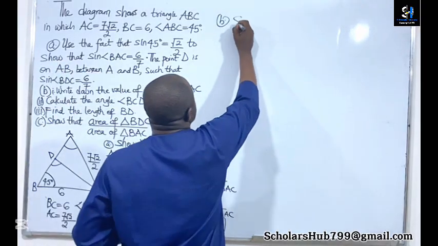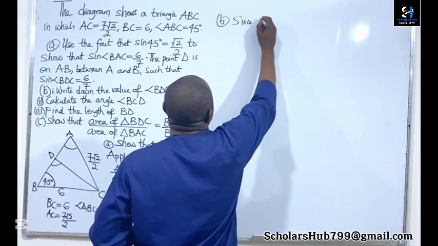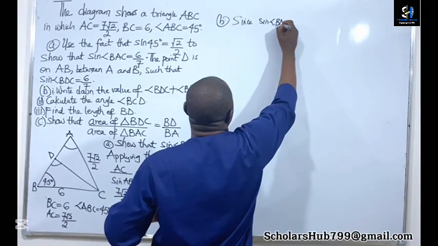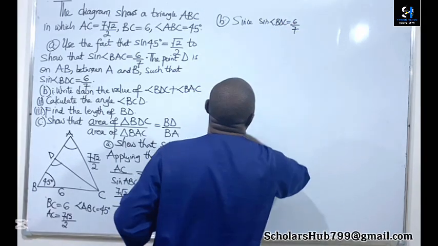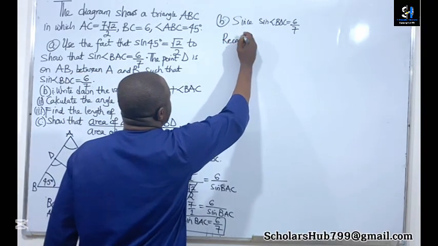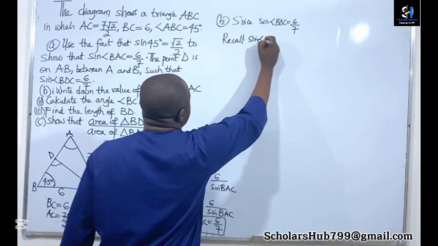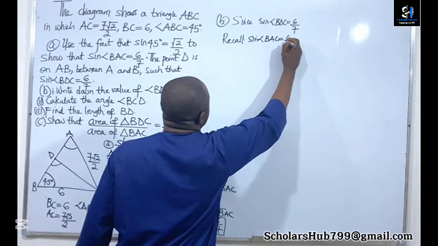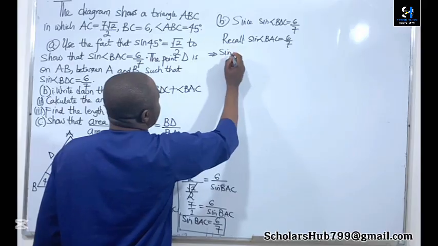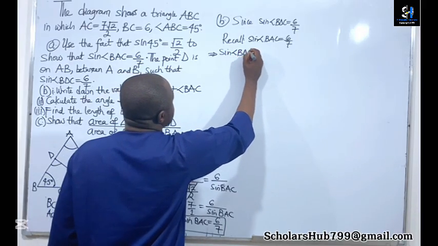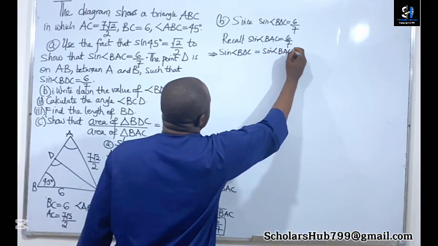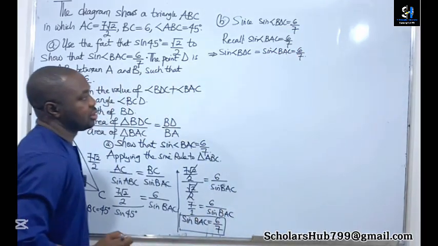Now we can say that since sine of angle BDC equals 6 over 7, and we recall that sine of angle BAC is also equal to 6 over 7, sine of angle BDC equals the sine of angle BAC, which equals 6 over 7.